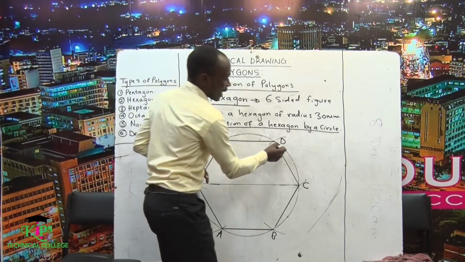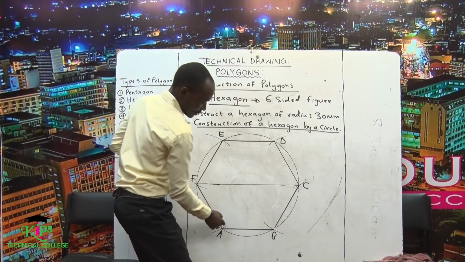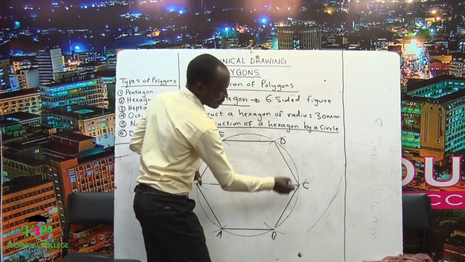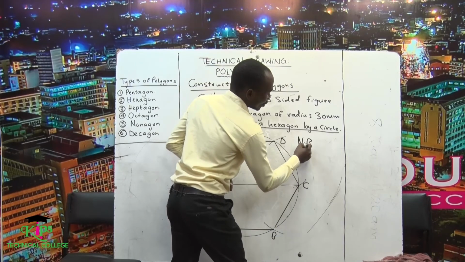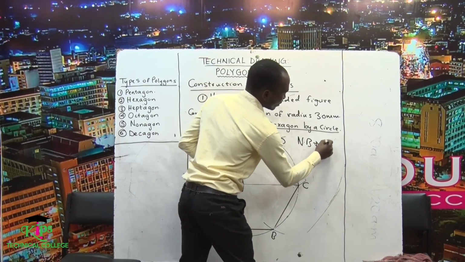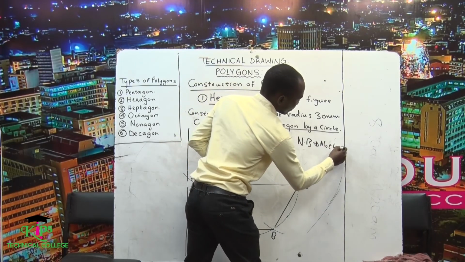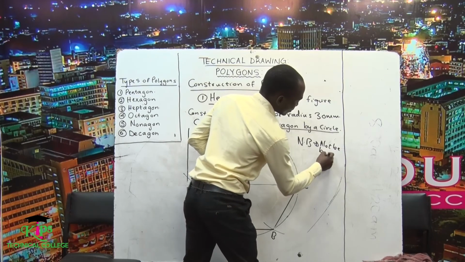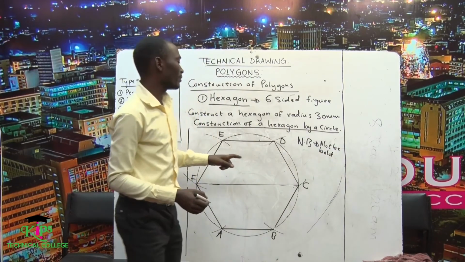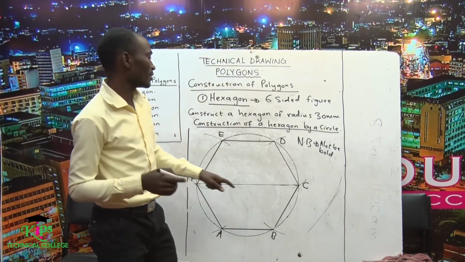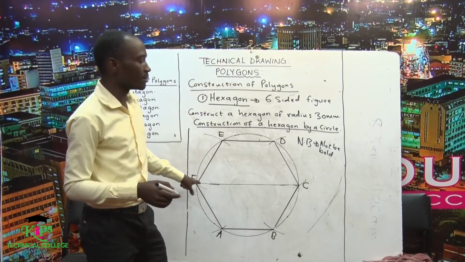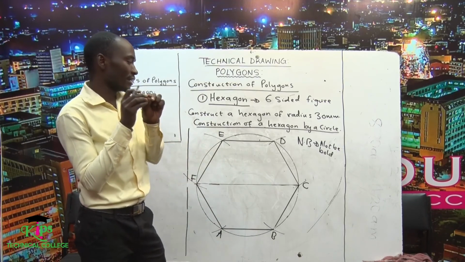Now you need to note this. This line which is making up the circle should not be in bold. Also, this other line should not be in bold. In short, it should be very faint.